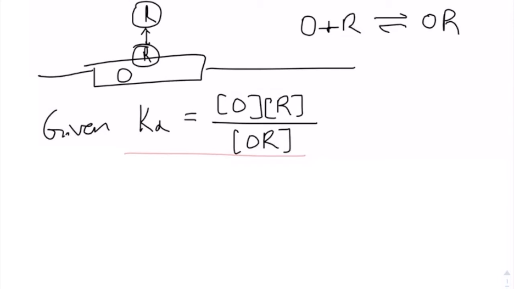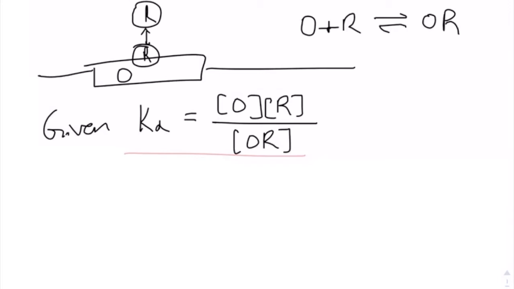And we are interested in what fraction of the total operators is bound by the regulator, because that will change our gene expression, which makes sense. Suppose we have an activator. If there is an activator bound, then the gene will transcribe, versus if you have a repressor bound, then those that are not bound will transcribe. So we want to know this fraction.